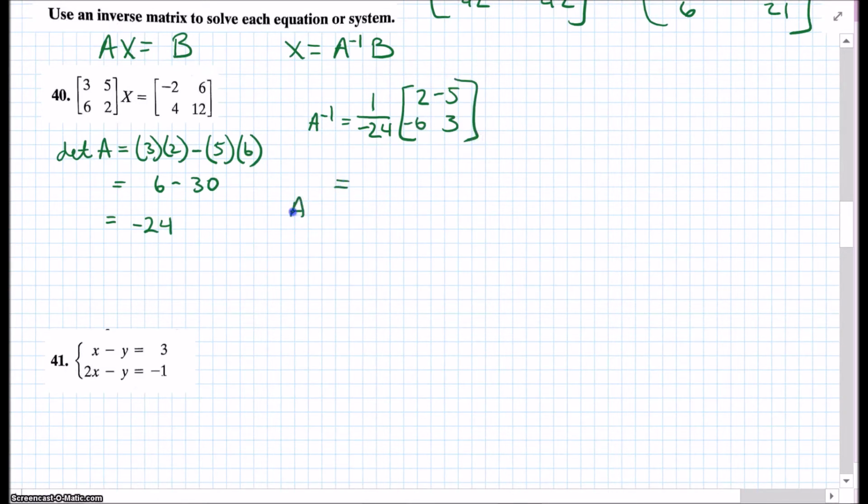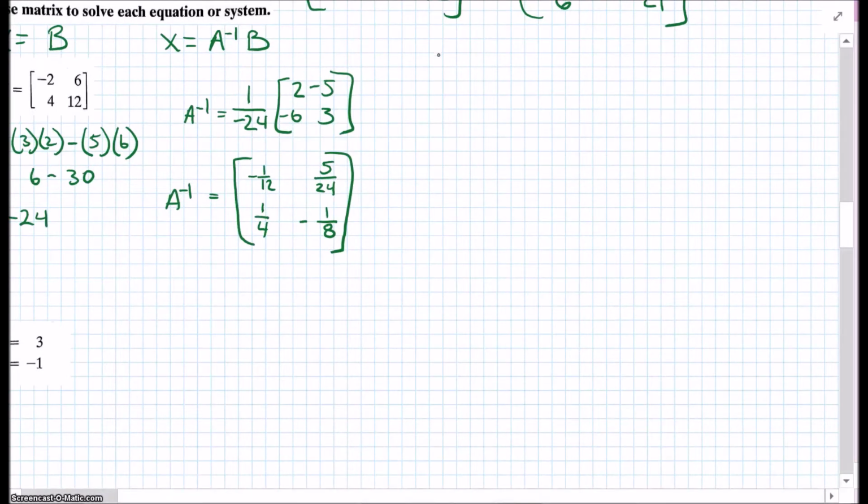So my A prime, my inverse, is going to equal negative 1/12, going ahead and multiplying each term by 1 over 24, positive 1/4, positive 5 over 24, and negative 1/8. Okay, so X equals A prime times B.